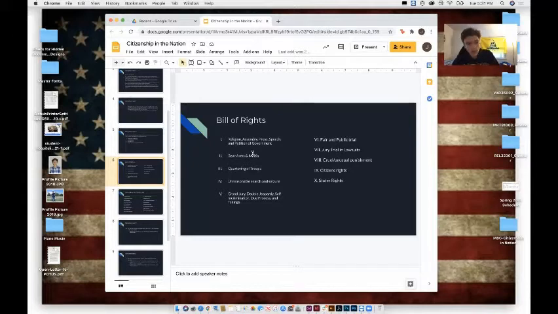But more so. Another key fact I was researching is that these are the only 10 amendments that can't be overridden with a simple majority in Congress.